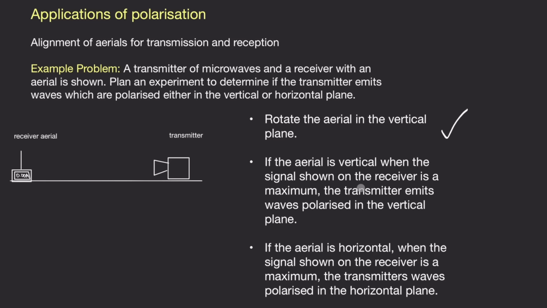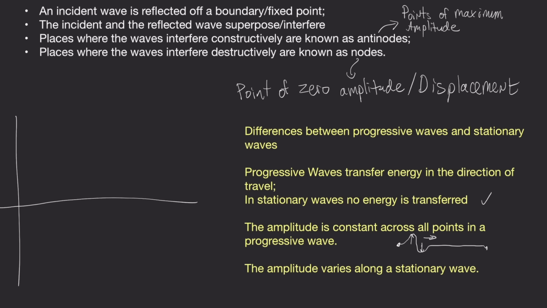The amplitude itself varies on a stationary wave. So here is a stationary wave. Tell you what, let's just draw another one over here. So here is my stationary wave. Let's say we have something like this. Just to differentiate it further from a progressive wave, let's draw it like this.